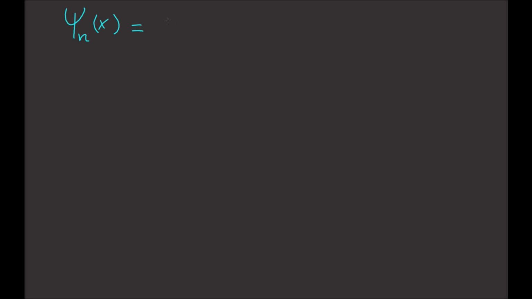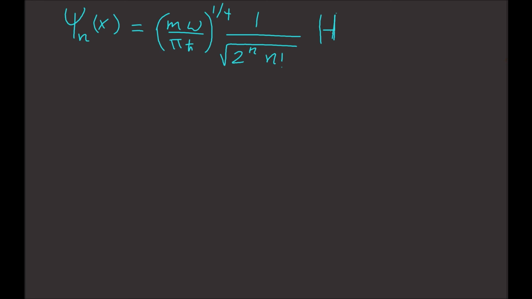It is equal to some normalization constant, m times omega divided by pi h bar to the 1/4 power (this pi comes from the integration), times 1 divided by the square root of 2 to the n times n factorial, times some functions we call Hermite polynomials, h sub n of ξ, times e to the minus ξ squared over 2.